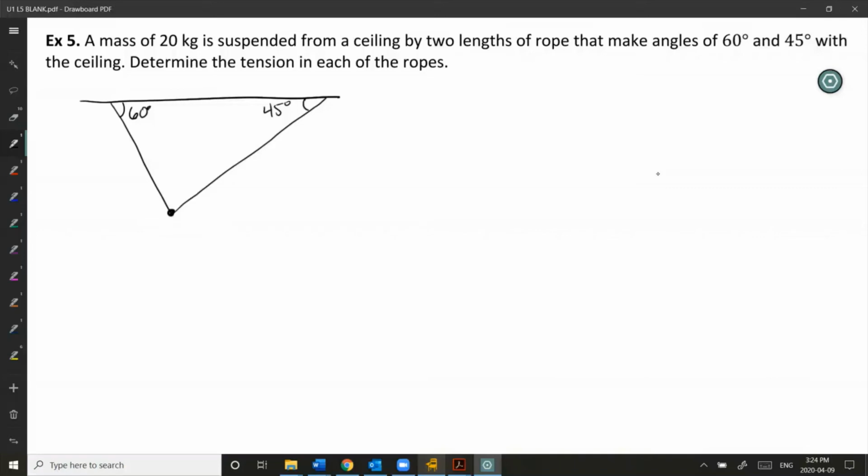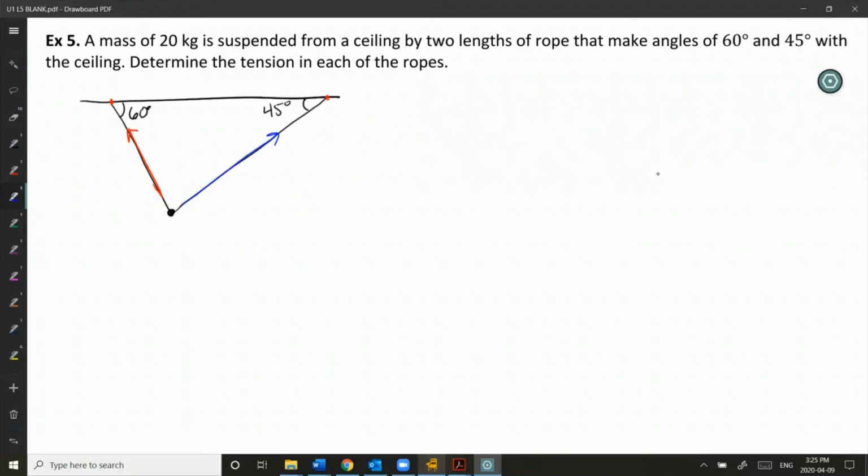We should also understand that if I have a mass that's closer to a certain pivot point where the rope meets the ceiling, there's going to be more tension in that particular rope than the opposite rope. So I should expect the tension in this first rope making the angle of 60 degrees to be greater than the tension in the rope making the 45 degree angle.